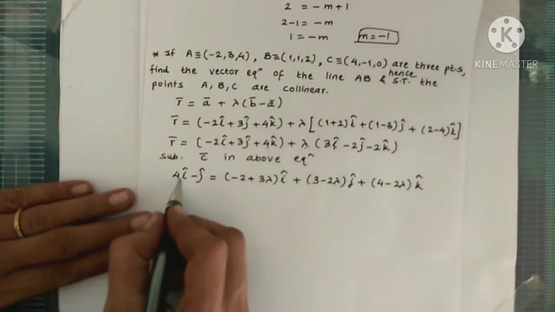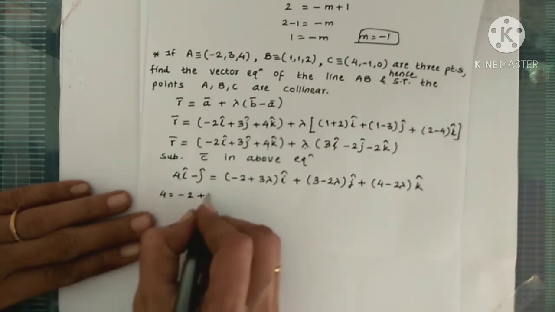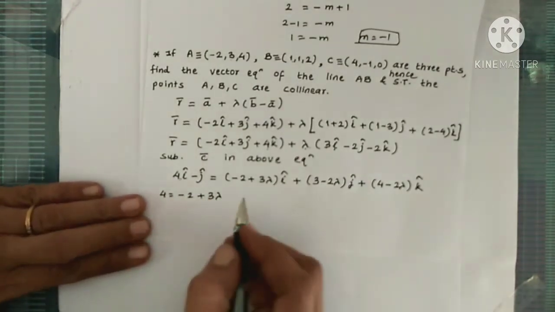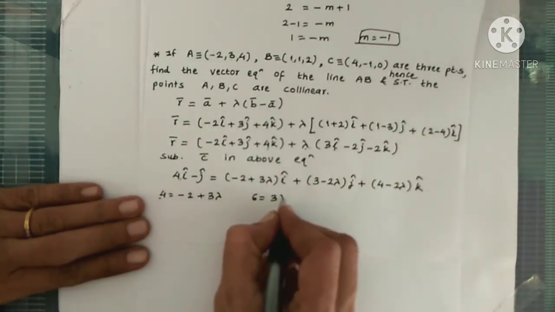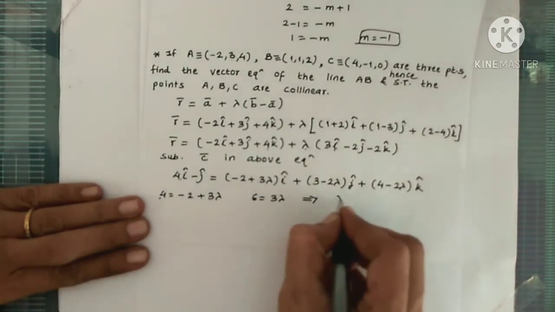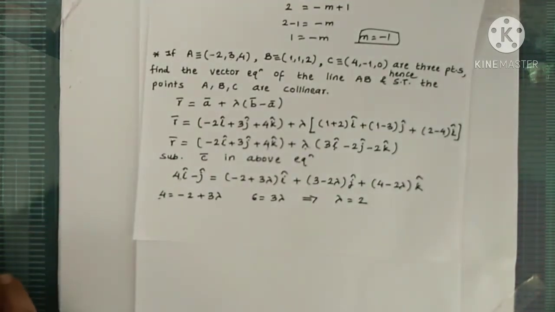The first equation becomes 4 equals minus 2 plus 3 lambda. So 4 plus 2 is 6, 6 equals 3 lambda, which implies lambda equals 2. Dividing by 3, we get the value of lambda as 2.